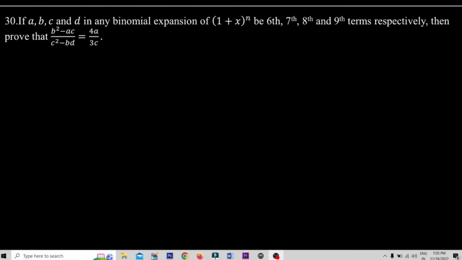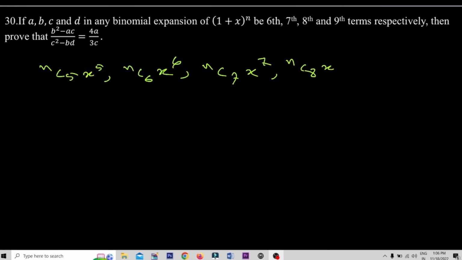So once again, let us apply this. The 6th term is nC5 x to the power 5, the 7th term is nC6 x to the power 6, the 8th term is nC7 x to the power 7, and the 9th term is nC8 x to the power 8.